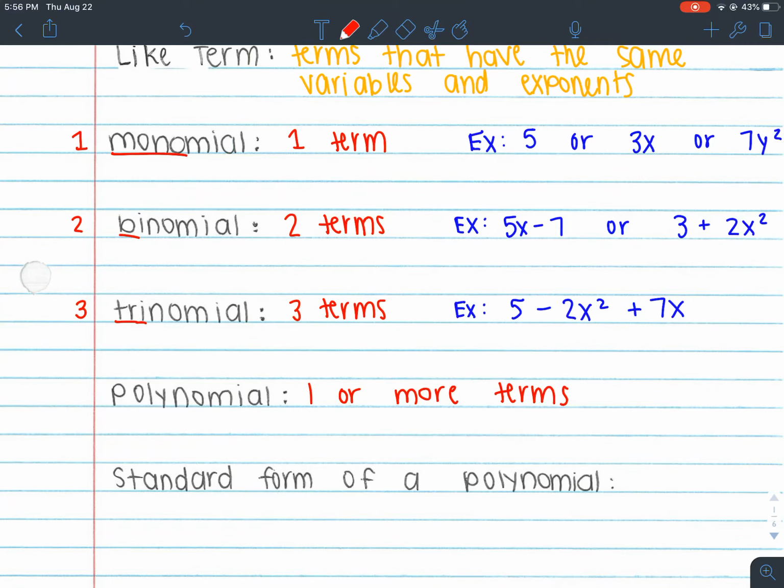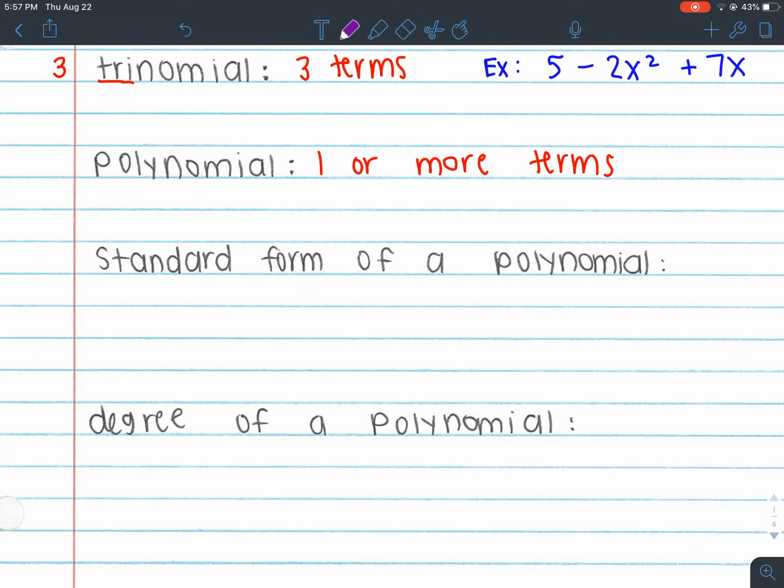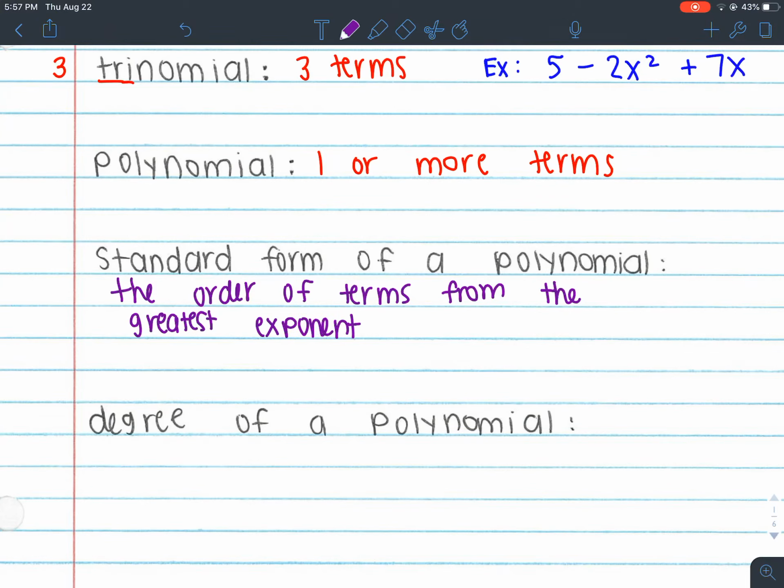All right, the standard form of a polynomial. So the standard form is going to be the order of terms from the greatest exponent to the smallest exponent.